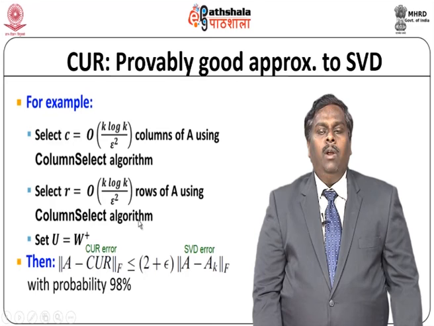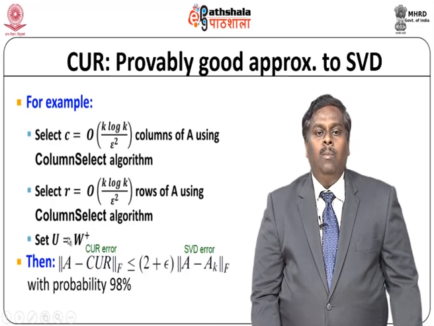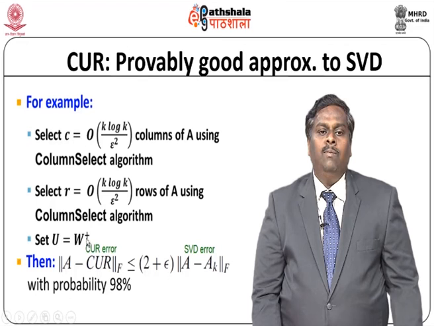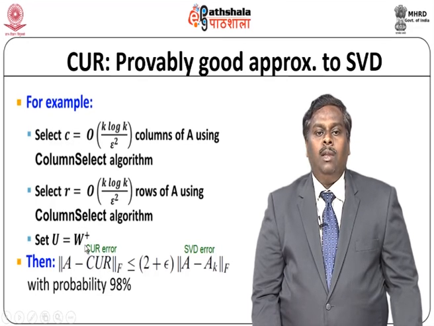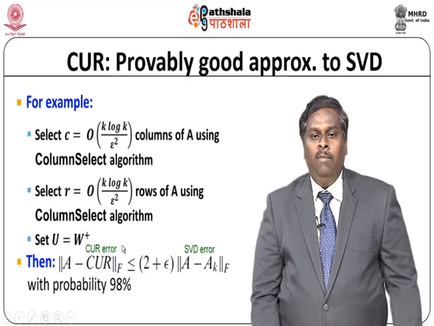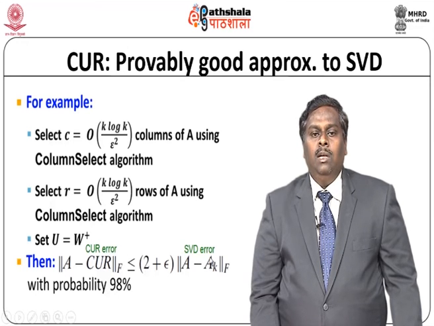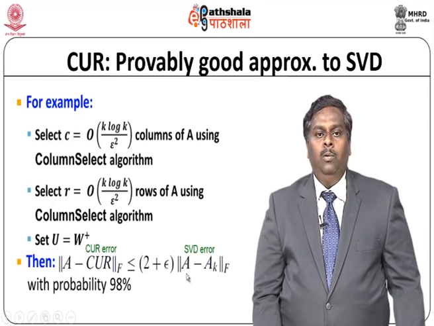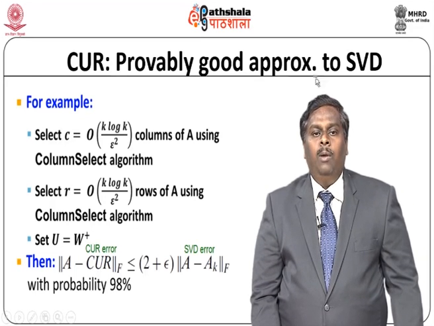Now, what we are trying to do is set the U matrix as the inverse of the singular values, which is represented by the W matrix. Then the CUR error when compared with the SVD error is going to be twice that of the SVD error. Therefore, we can easily say or prove that CUR outperforms SVD.